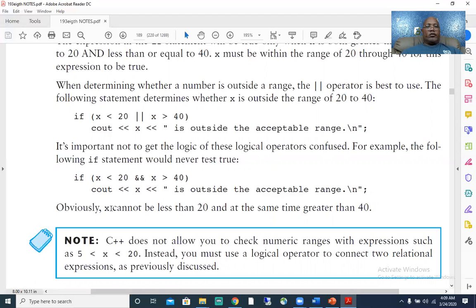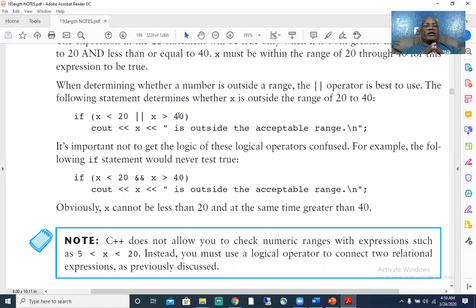All right. So let's look at this example. It tells us when you're trying to determine something outside of a range, the OR operator is the best to use. All right. So let's look at this one. It says if X is less than 20 or X greater than 40. Now you're looking at this.